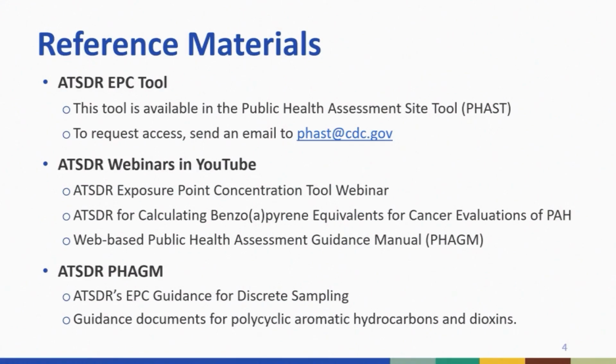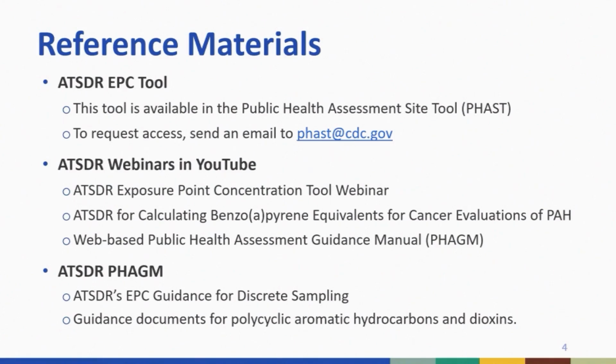It can be accessed through CDC's Secure Access Management Services System, or SAMS, similar to ATSDR's Public Health Assessment Site Tool, or FAST. If you don't currently have access to the EPC tool, you can email fast@cdc.gov to request access.